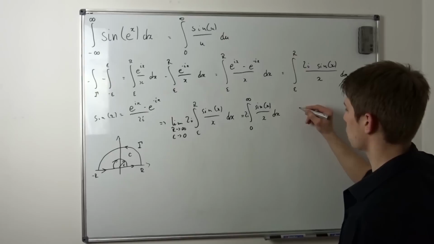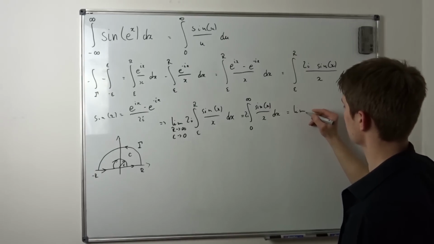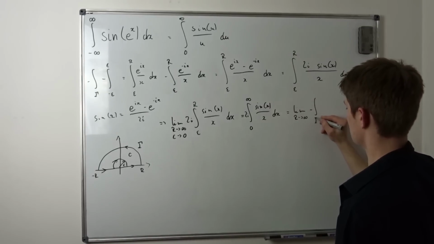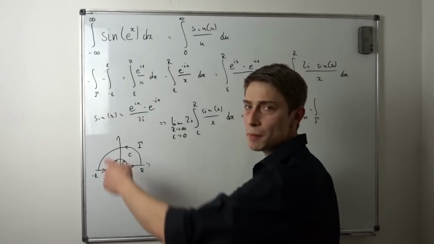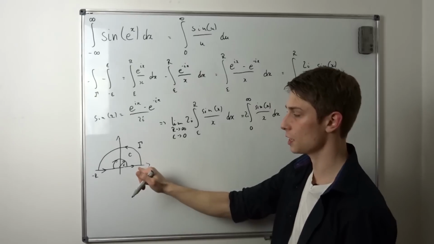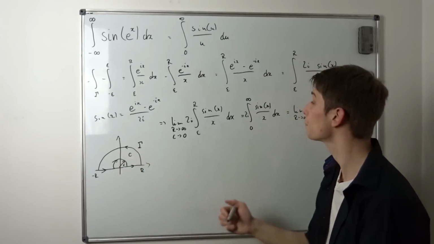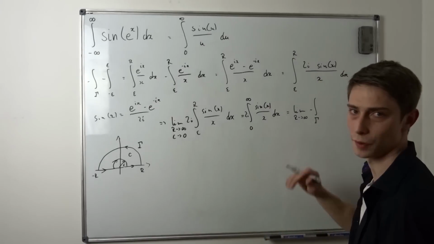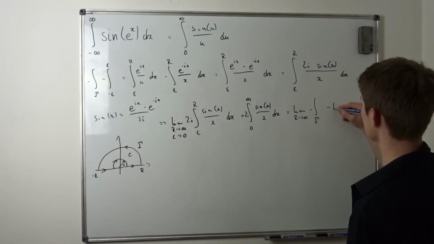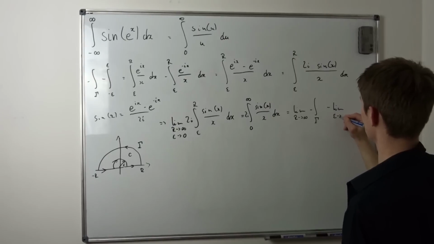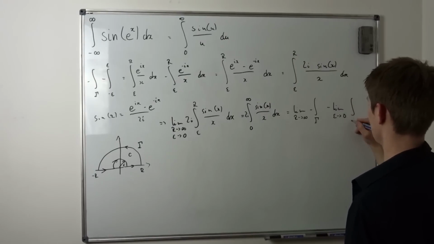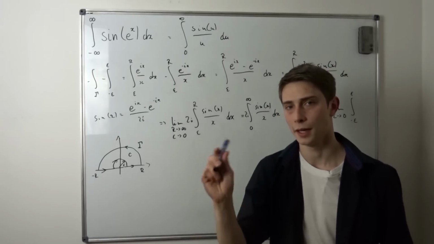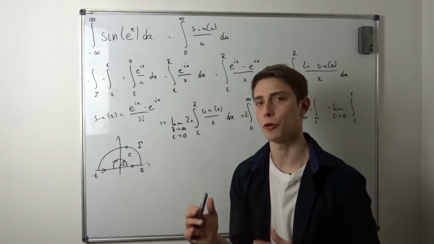But if we apply the limit on one side, we have to also apply it on the other side. So let's now take the limit as r goes to infinity of minus the integral of gamma, because gamma isn't dependent on epsilon. Gamma goes from r to minus r. So we can safely assume that we can leave out the limit as epsilon approaches 0 on this one. And also minus the limit as epsilon approaches 0 of this other integral from minus epsilon to epsilon. And here's one important lemma you should know for this.